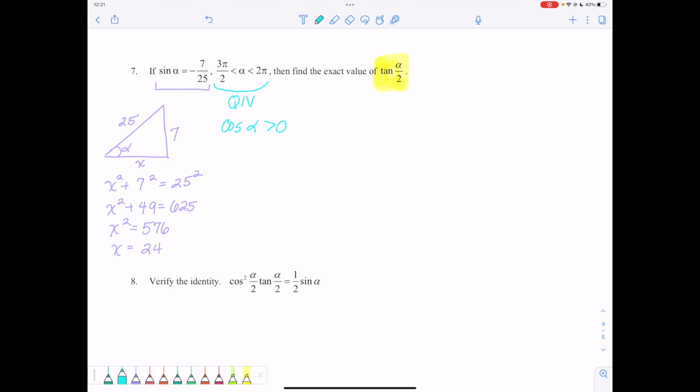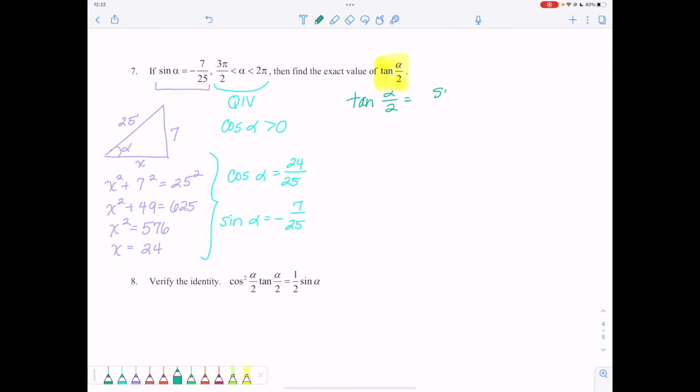Okay, so now let's go ahead and find the cosine of alpha, and that is 24 over 25. And the sine of alpha is negative 7 over 25. Okay, so now it's time to find the tangent of alpha divided by 2.